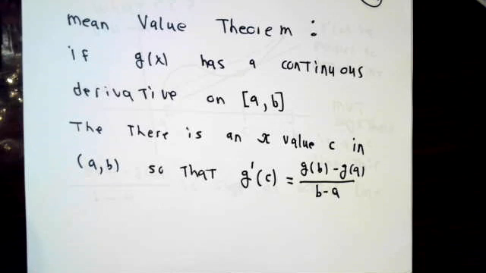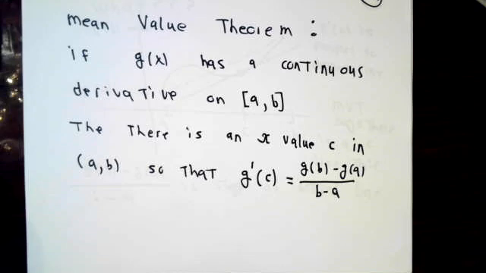This is something that you learn in Calculus 1. You do some really pointless problems involving it, and then you forget about it. We're going to need to understand this mean value theorem, though. So here we go. The mean value theorem says this. Suppose that you have a function g of x, and it has a continuous derivative on the interval from a to b.